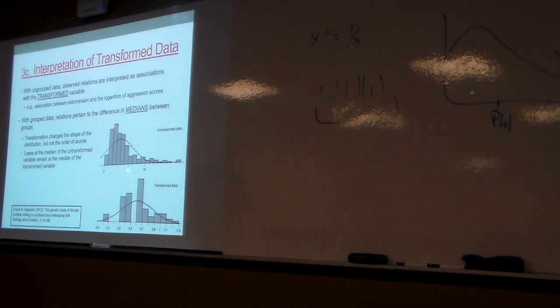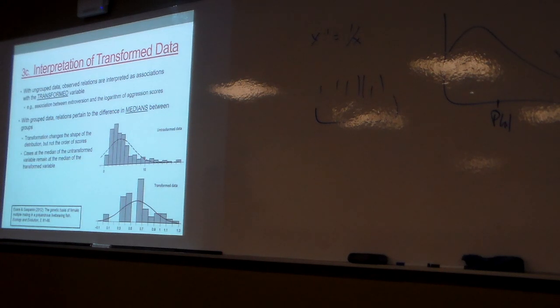But in this case, is this the median of this distribution maybe? Let's say it is. The person at this case, the cases that are at this value, the median of my untransformed variable, they're also at the median of my transformed variable. So when we're talking about means-based analyses or group-based analyses, normally we're talking about differences in means.